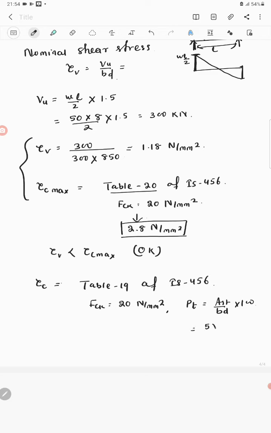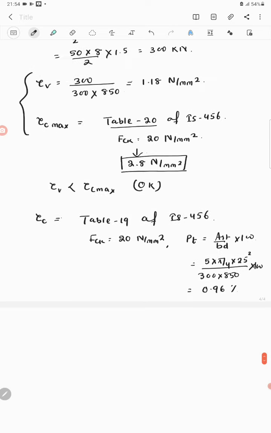We have provided 5 numbers of 25 mm dia bars divided by 300 into 850 into 100. So this is coming 0.96%. So for pt value of 0.96 and fck 20 Newton per mm square, we have to find this tau c value from table number 19 of IS 456. Okay, so what is the value from table number 19?